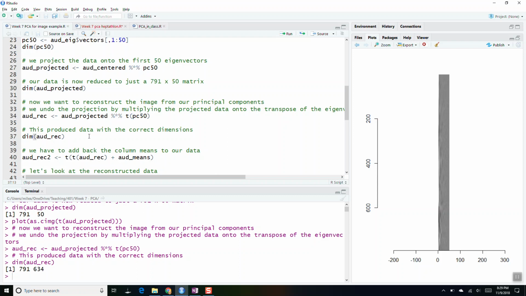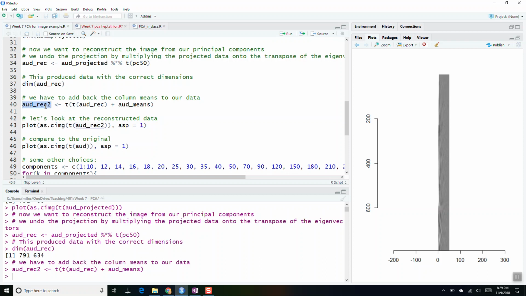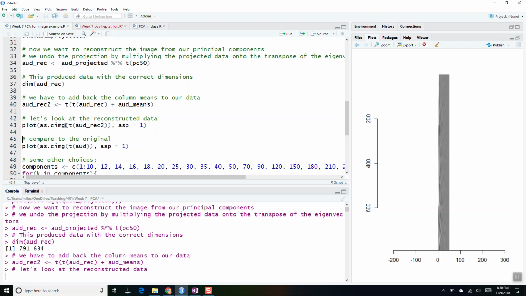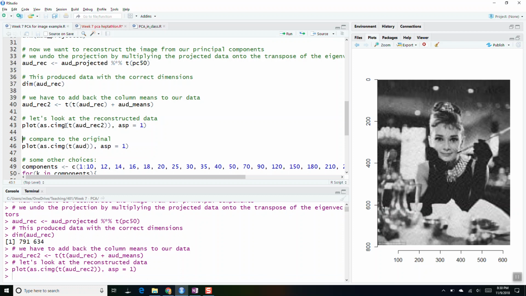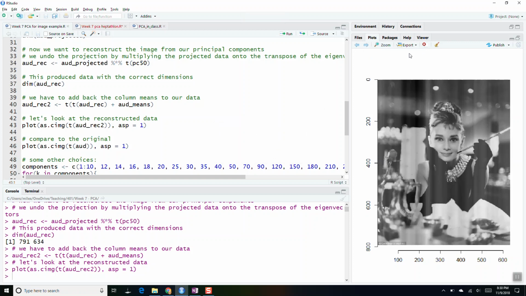We have to add back the means, and so our reconstructed data looks like this. I'm going to show this image. This is the image reconstructed after reducing it down to just 50 columns of data. We can see that we have lost some information. Let me delete this plot, and then delete this streaky one.